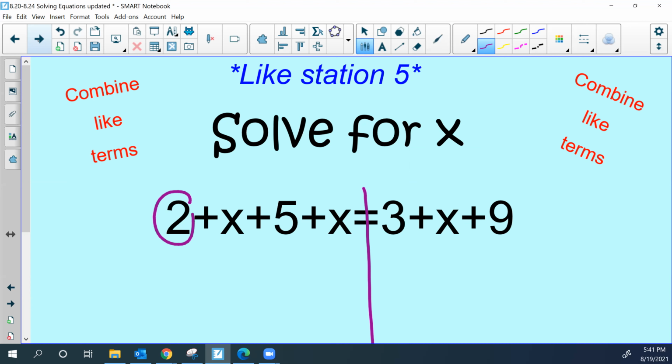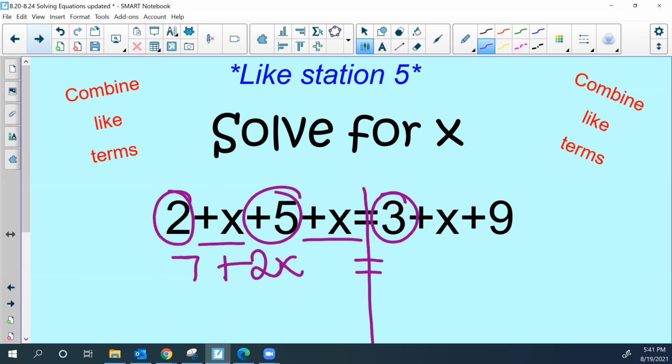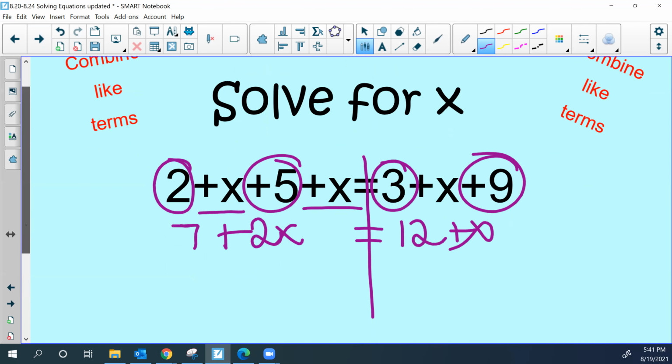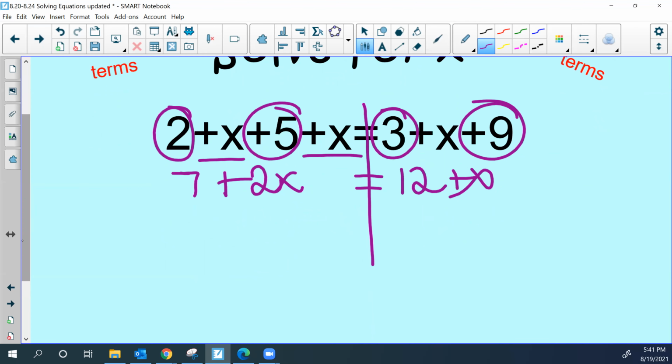So my constants I have are 2 and 5. Those combine to be 7. The variables I have are x and x. Those are going to combine to be 2x. I still have my equal sign. On the right-hand side, I have 3 and 9 that are like terms. That's going to give me 12. And then I still have an x. I'm now going to continue solving this just like I did on the other problems.